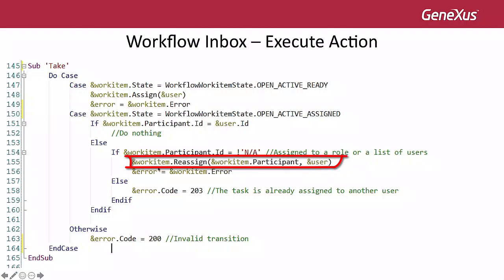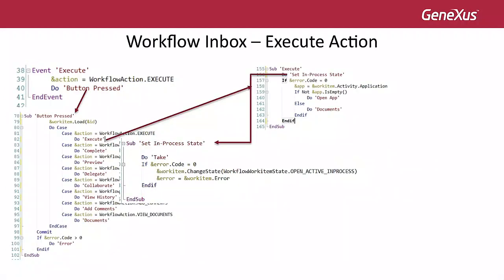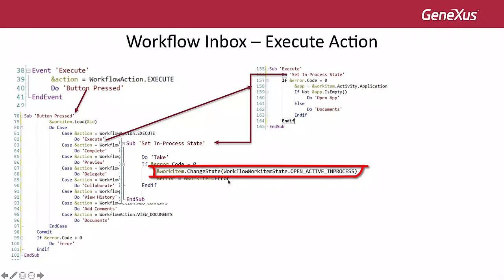So here we'll use the reassign method of the work item and will reassign to the participant the user which is running the workflow inbox. After the take method, it will change the work item state using the method change state, and it will change it to open active in process, which means that the work item is running.